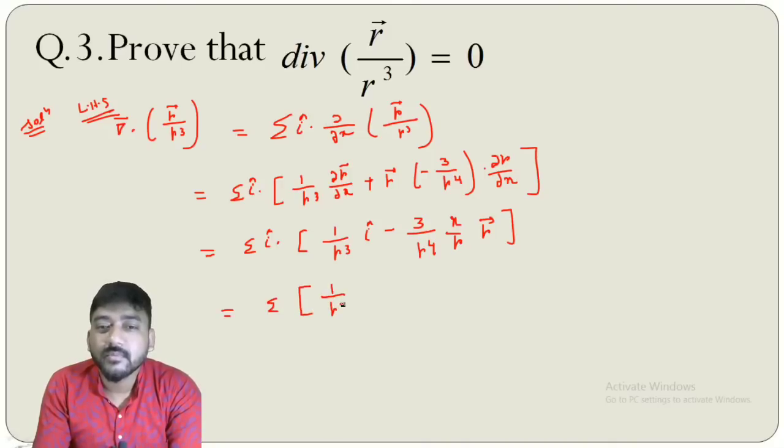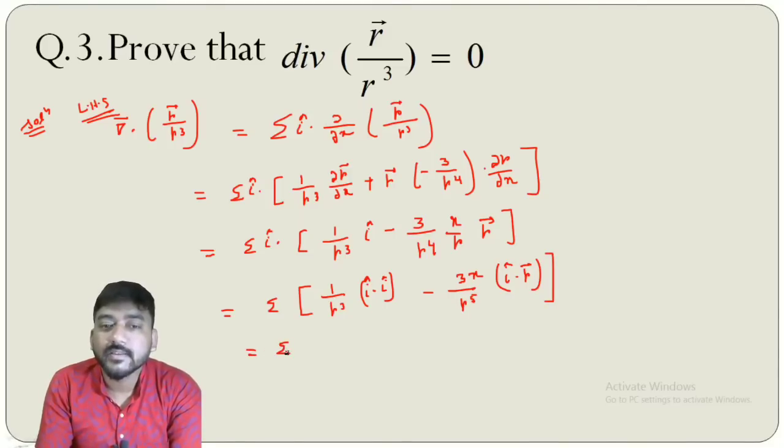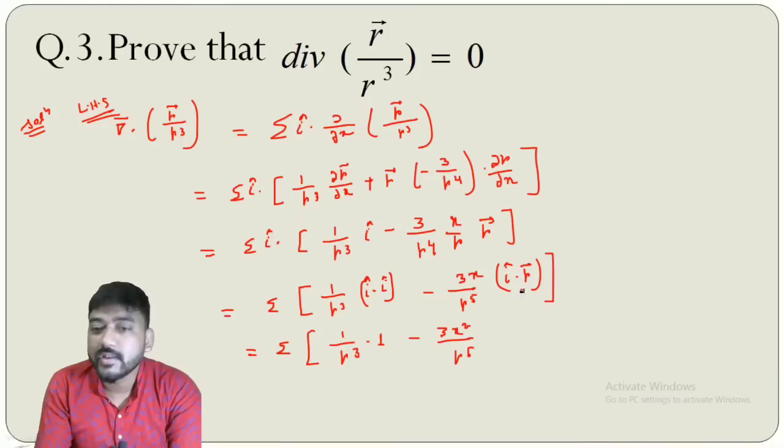So it will be 1 by r cube, you can write it like this also, i dot i minus 3 by r to the power 5, and this will be x, and here i dot r, and this i dot r is x, and this i dot i is 1, so you can write it like this, 1 by r cube into 1 minus this x, and here it will be 3x square by r to the power 5, because here is also 1 x, i dot r is x.